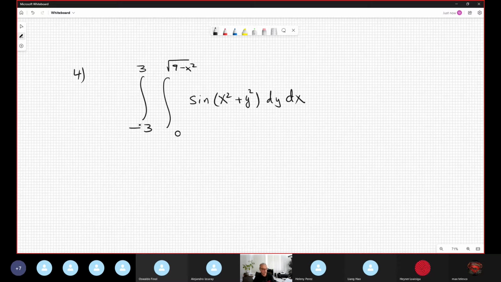Okay, because I need to understand. The first level of the integration in this double integral is y. Therefore, y varies from 0 to square root of 9 minus x squared.